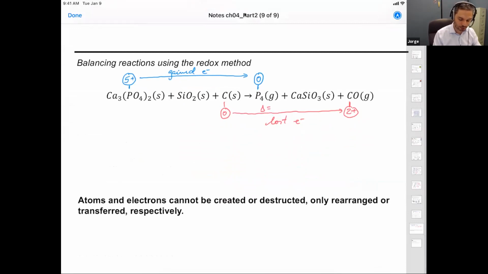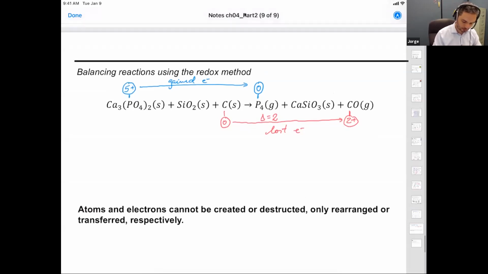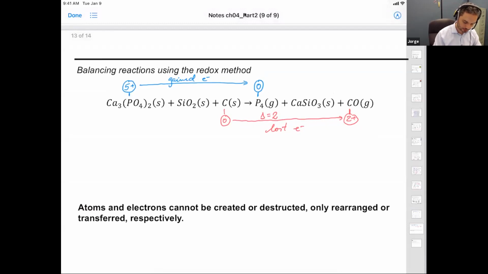So let's start with carbon. Carbon started from 0 and went to 2 plus. Therefore, the delta is 2. This number has to be multiplied by the starting number of atoms. We just have one carbon here, so we don't need to do anything. Let's do the same thing for phosphorus.